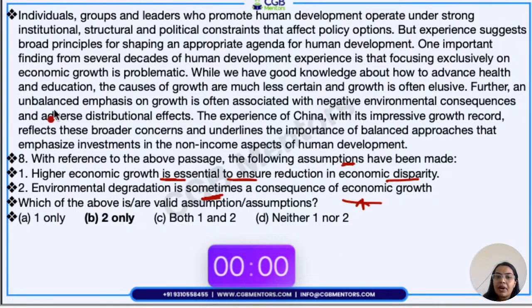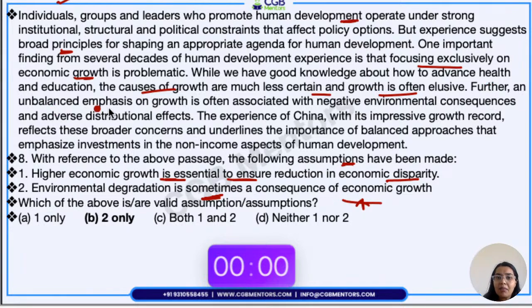So जब आप पढ़ते हो इसको, you get to see that individuals who promote human development under all the political constraints operate under such thoughts. उनके पास कंस्ट्रेंट्स है, फ्रीडम नहीं है. एक्सपीरियंस सजेस्ट करता है ब्रॉड प्रिंसिपल्स नीडेड होते हैं, है ना. देन वी गेट टू सी दैट exclusively focusing on growth problematic होता है. Then we see another thing, that we have good knowledge of how to advance health, education; the causes of growth are much less certain. ग्रोथ को ऑथर इतना वेटेज नहीं दे रहा है.